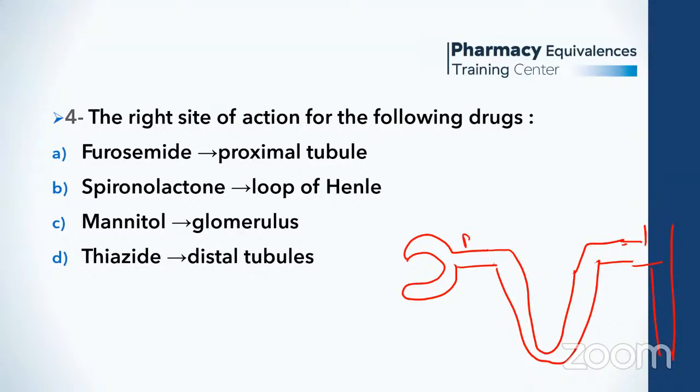The proximal: which drug acts on the proximal? Carbonic anhydrase inhibitors, the acetazolamide. Loop of Henle, the ascending and descending part: here we have loop diuretics.